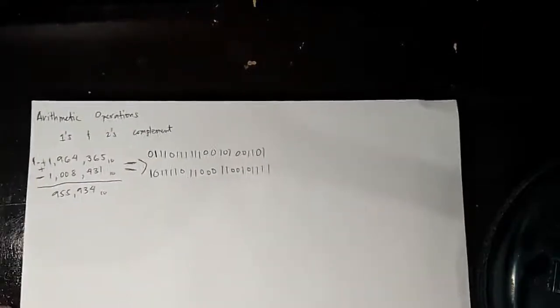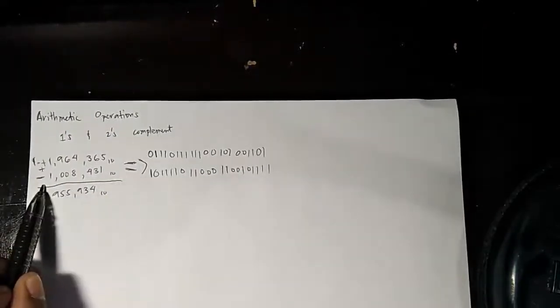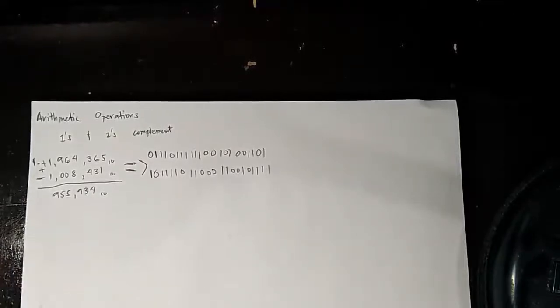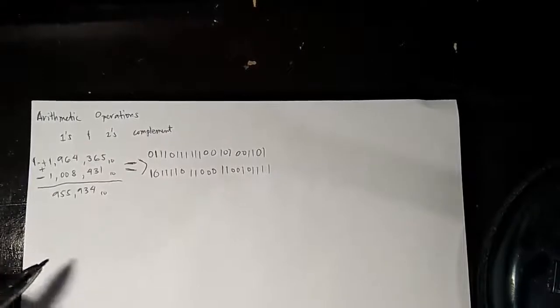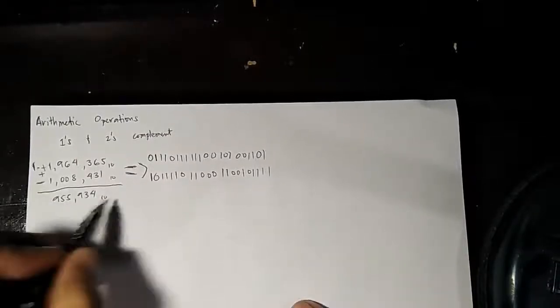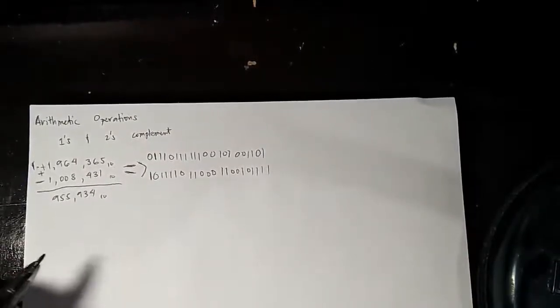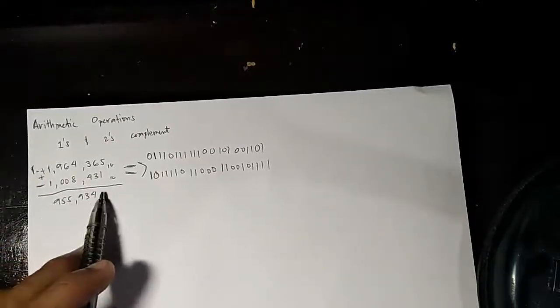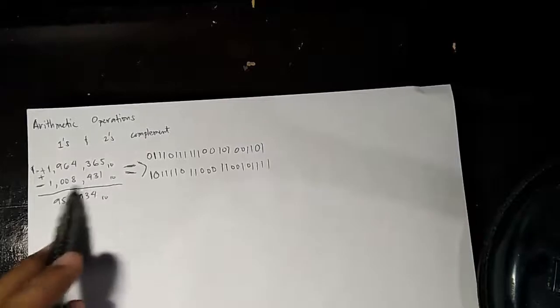I hope it's clear to you, because this is a negative. The technique here is just to look for a negative number, and here the negative number is this one below.